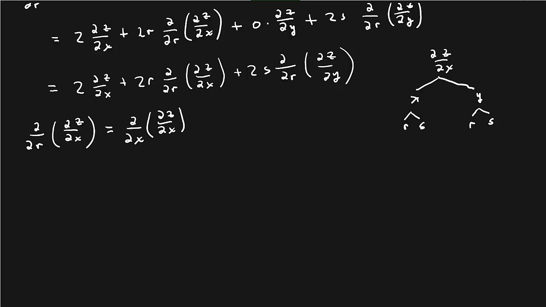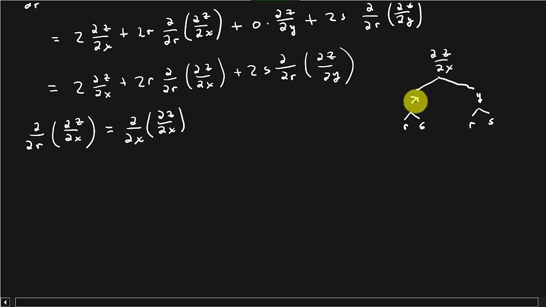And then it's the partial of this with respect to x times the partial of x with respect to r, plus then the partial of this with respect to y times the partial of y with respect to r.